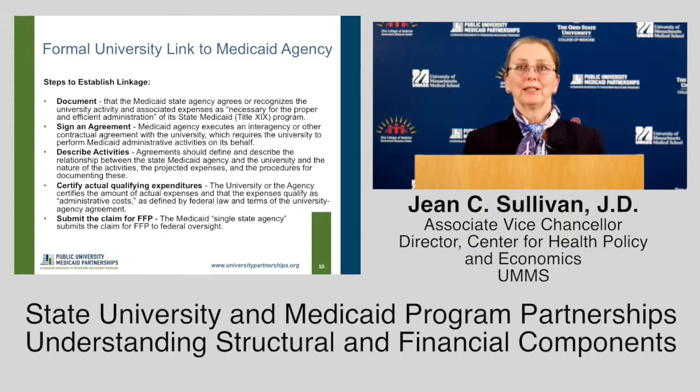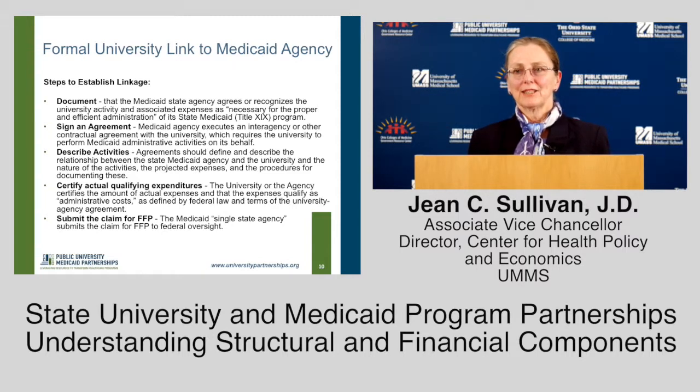And what I mean by formal link is literally a contract or a written agreement. It's important, most at the base, that the agency recognize the activities of the university as being related to Medicaid. So there have been instances where universities are engaged in Medicaid relevant inquiries, say in a school of public health or school of economics.